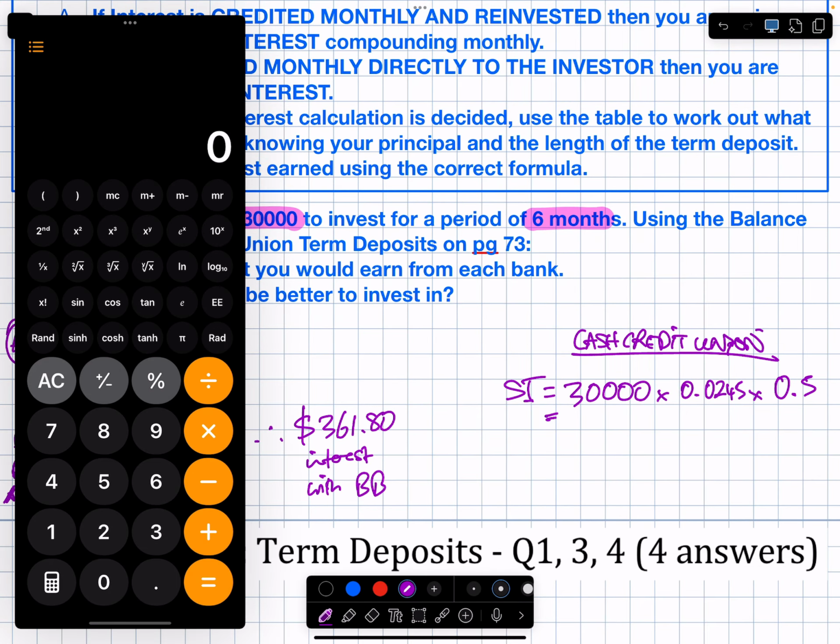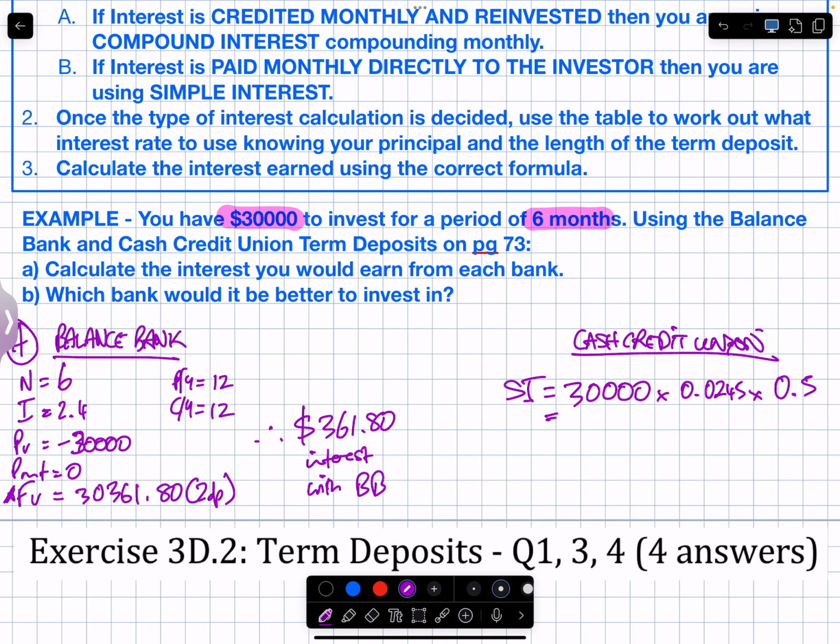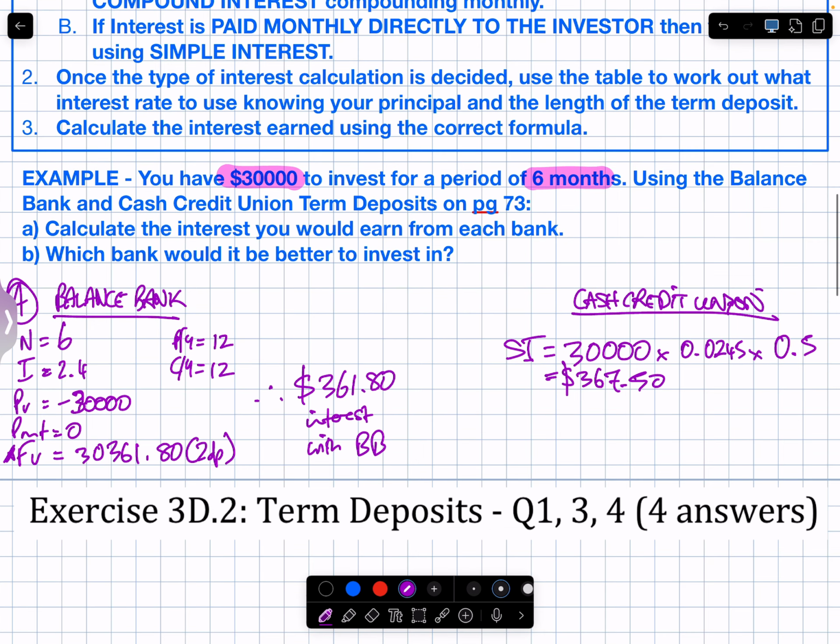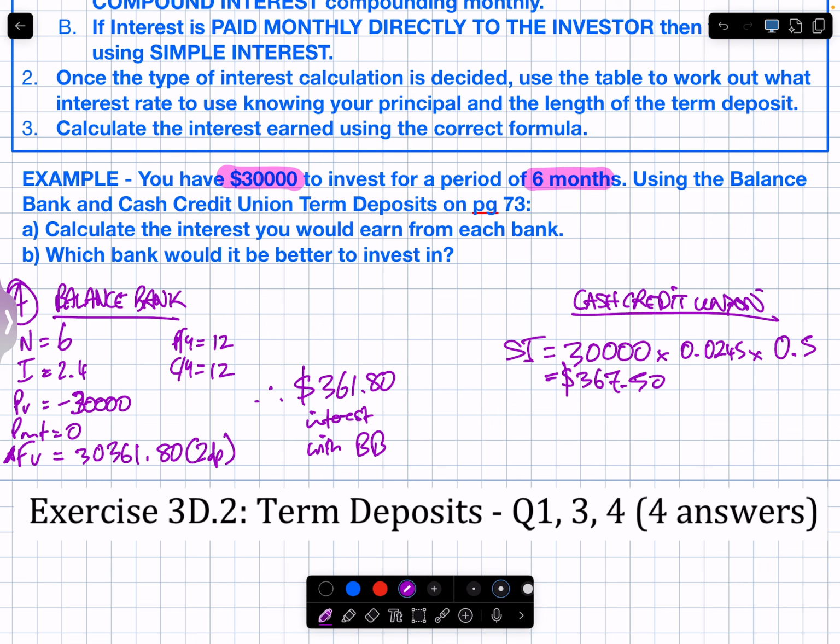Just quickly do that. 30 grand times 0.0245 times by 0.5. $367.50. So most of the time, compound interest is better. But in this case, is going with a simple interest situation slightly better? It's like $6. Interest with CCU.